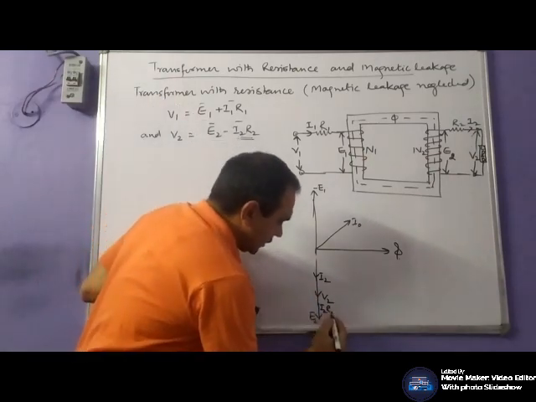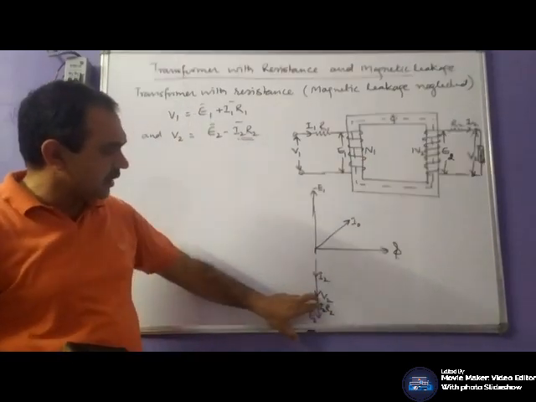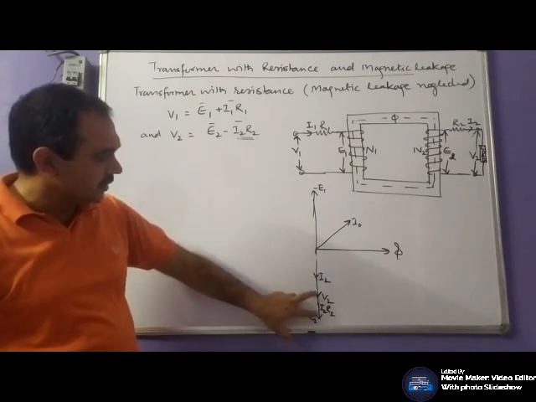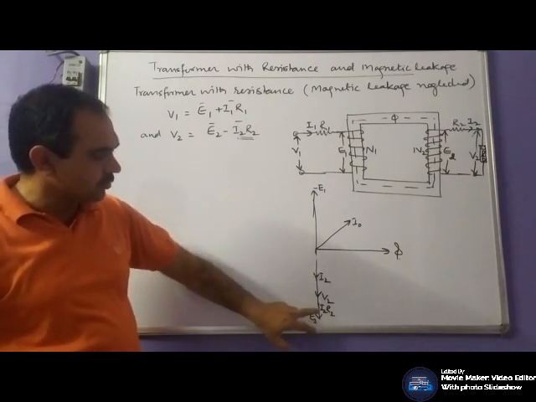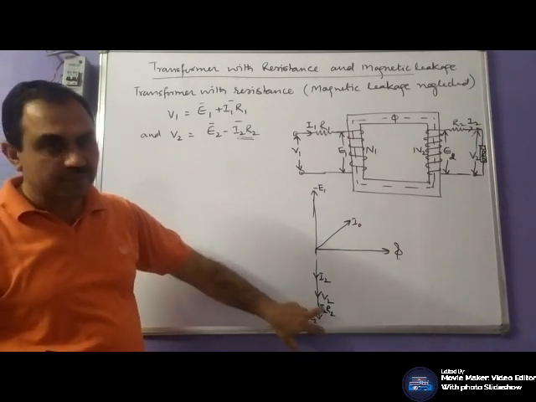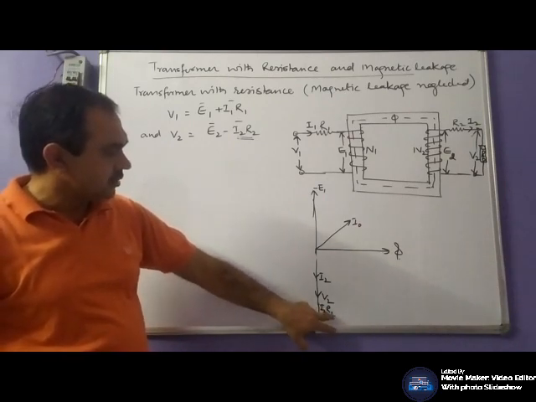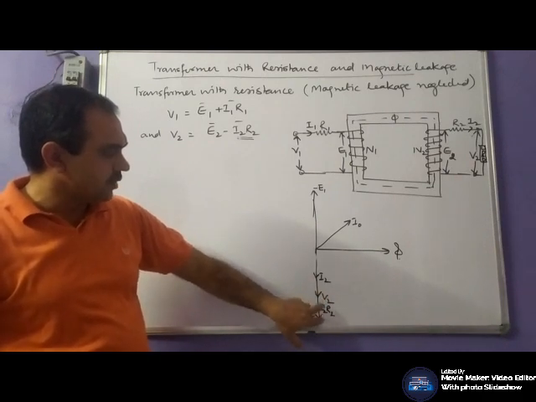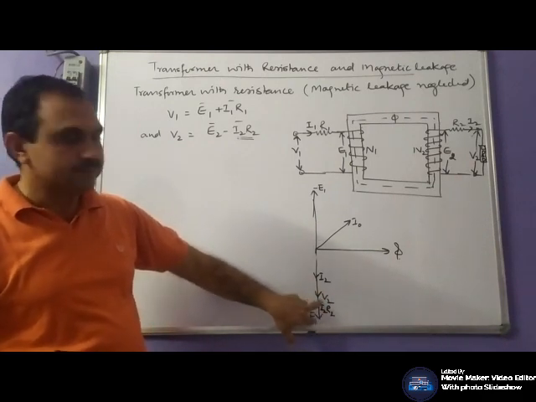Voltage and current, this I2 and I2 R2, are in the same phase, V2 and I2 are in the same phase, and E2 is the phasor sum of V2 and I2 R2, or V2 is the difference of E2 and I2 R2.